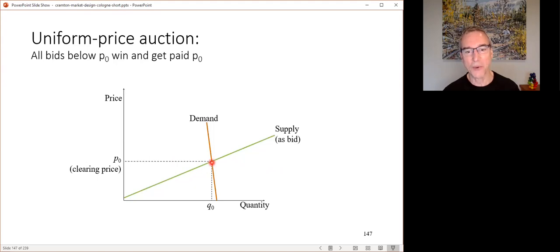This is the efficient point that maximizes social welfare, the area underneath the demand curve and the area between the demand curve and the supply curve. Doing the same thing in the nodal markets, but we're just maximizing social welfare subject to all the constraints. And so those constraints will have shadow prices that will affect the pricing, and that's why you're getting the different pricing at the different nodes.